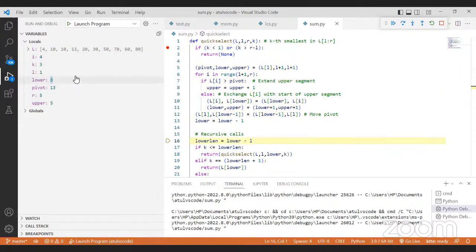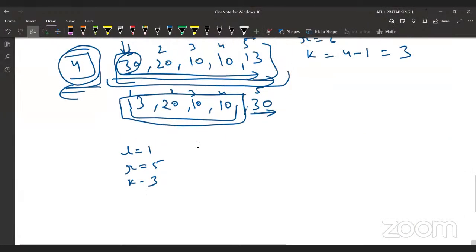Now our list will become 4, 10, 10, 13, 20. The 4 we have already, so now 10, 10, 13, 20.